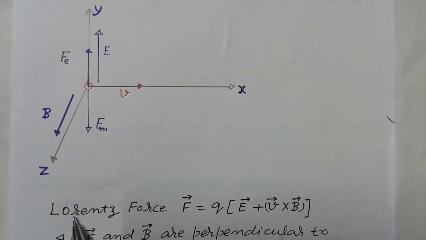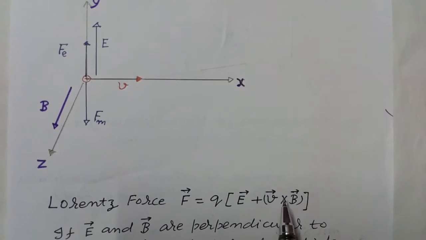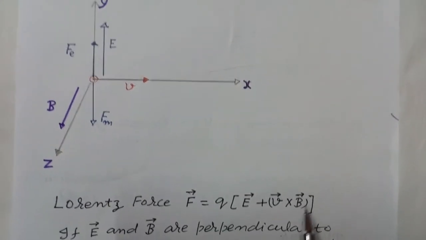So mathematically we may write this Lorentz force like F is equal to Q into (E plus V cross B).